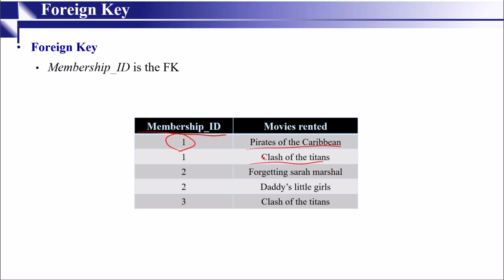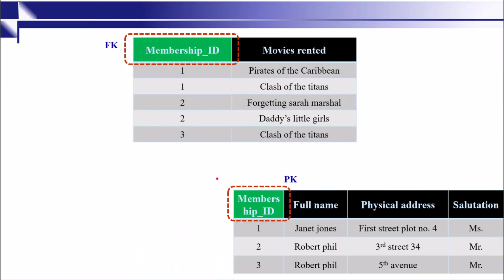The foreign key maintains the relation between tables, and also ensures referential integrity as we normalize further. So here we have membership ID as a foreign key, and membership ID is here as the primary key.